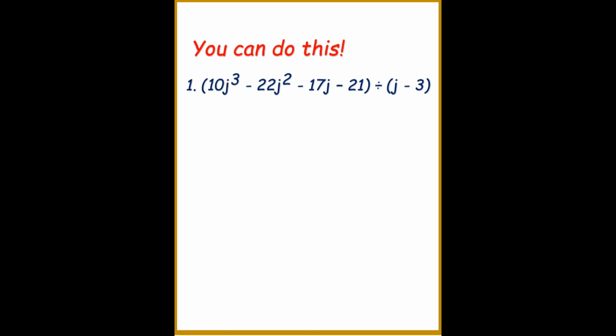One more. We have here one more. So 10j cubed minus 22j squared minus 17j minus 21 divided by j minus 3. So you write it down and answer this.